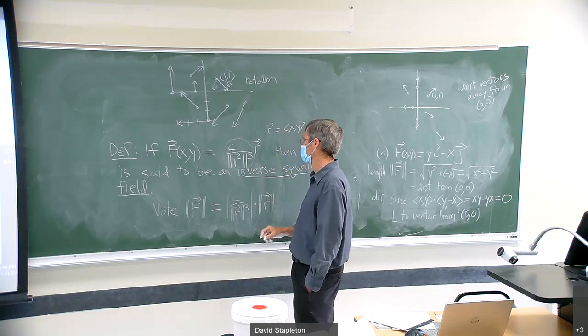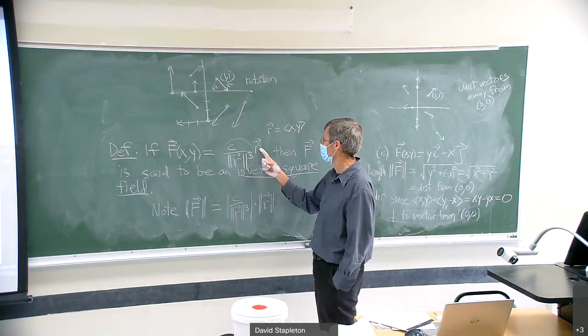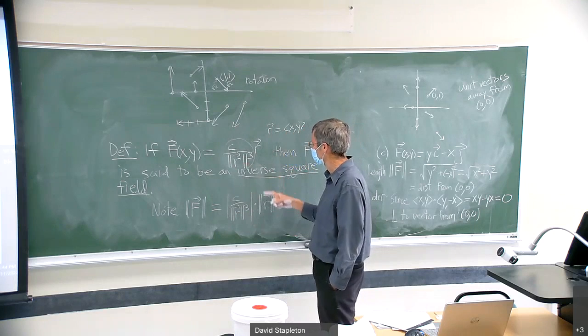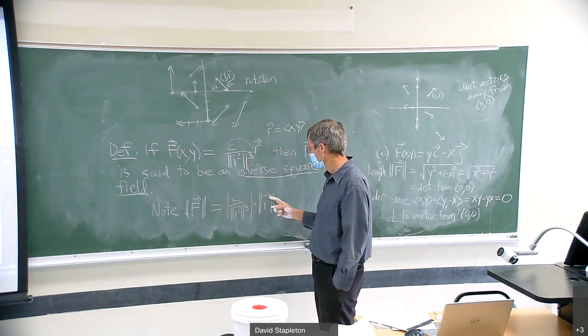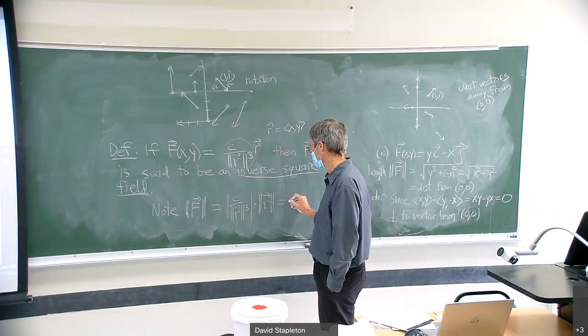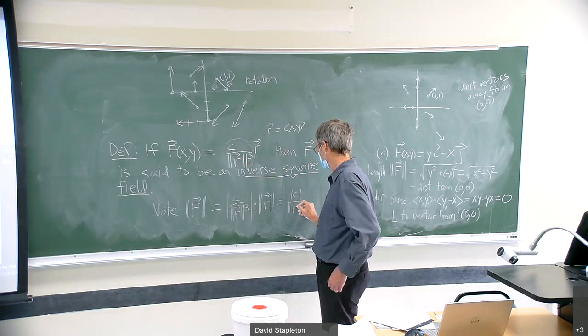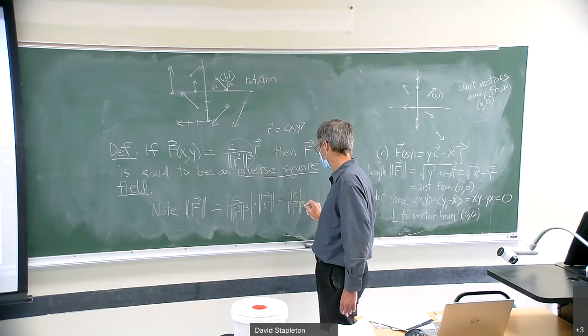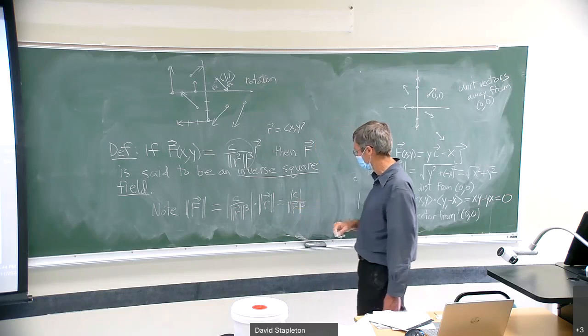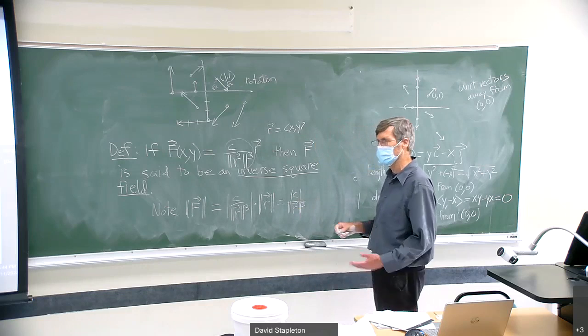From your theorems, the length of a constant times a vector is the absolute value of the constant times the length of the vector. That's where I get that. Now r over r cubed gives you r squared, and so what you get is the absolute value of c over the length of r squared. Oh, no wonder it's called an inverse square law. It's inversely proportional to the square of the distance you are from the origin, like gravity.